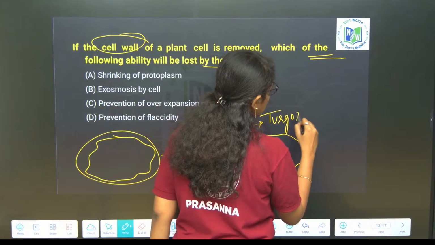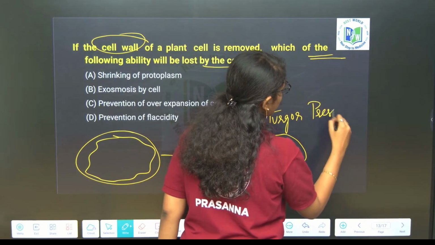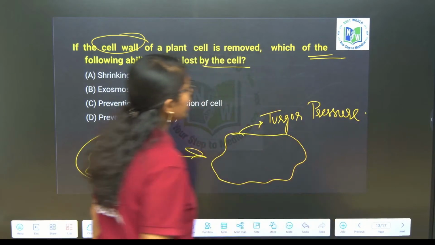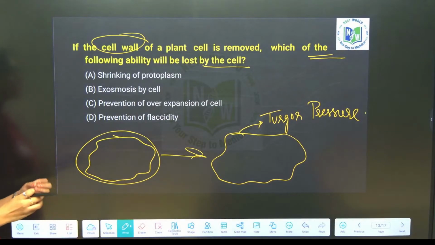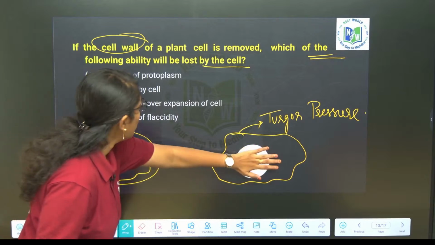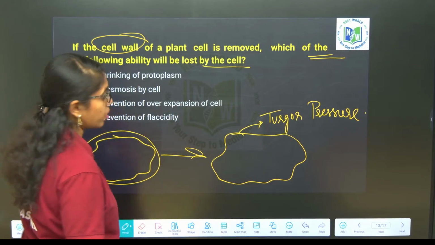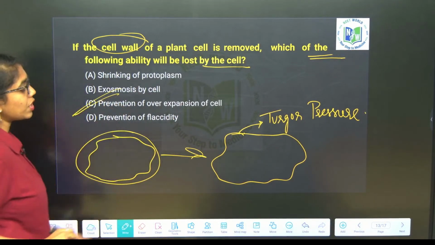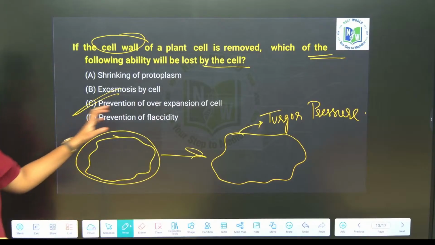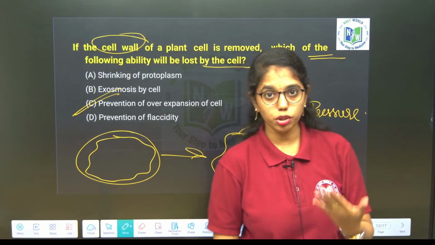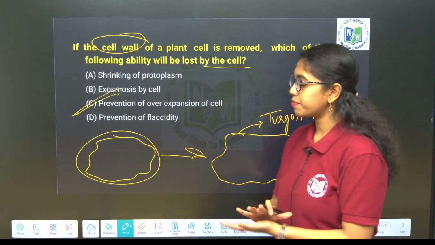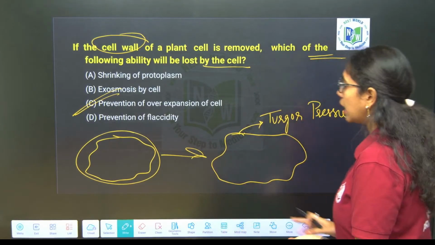So when this is subjected to turgor pressure, of course it cannot prevent the cell from over expansion. So prevention of over expansion of the cell will be lost, because the cell membrane will be subjected to turgor pressure when the cell wall is lysed. Clear, right? Next question.